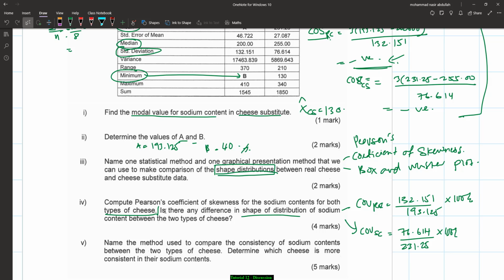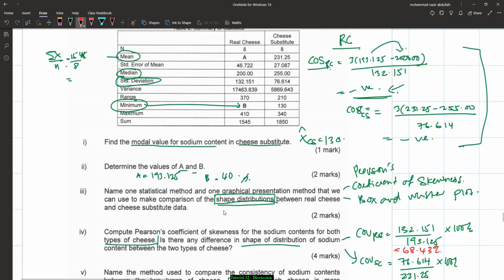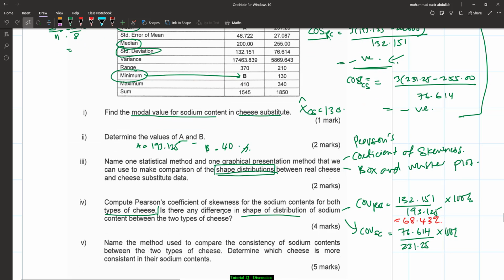So can you calculate for me, RC dapat berapa? COV for RC dapat berapa? 68.43. How about SC, substitute cheese? 33.13.